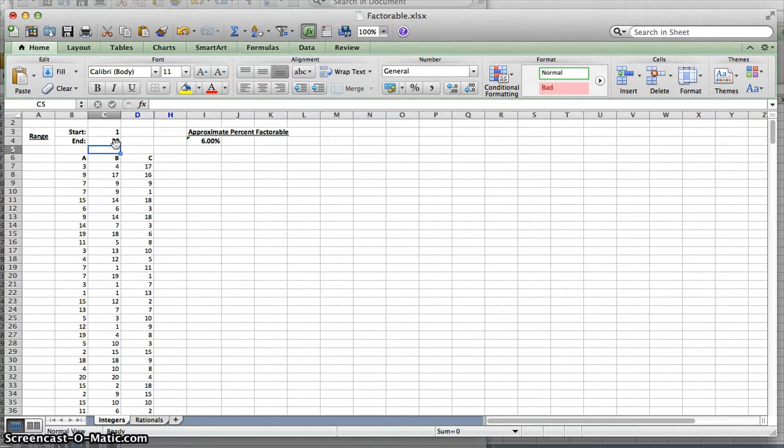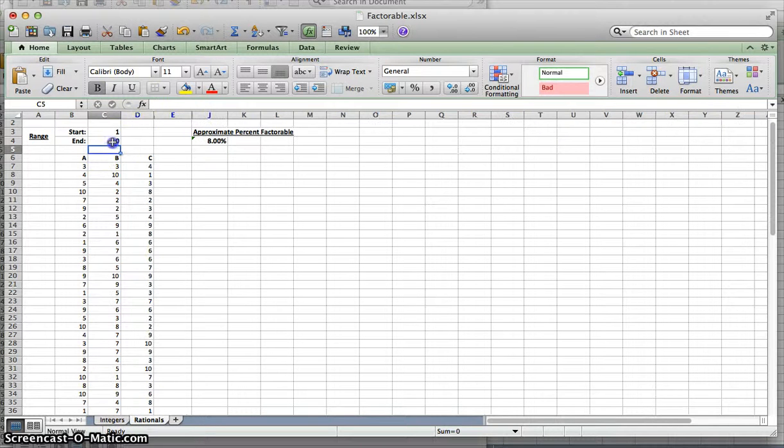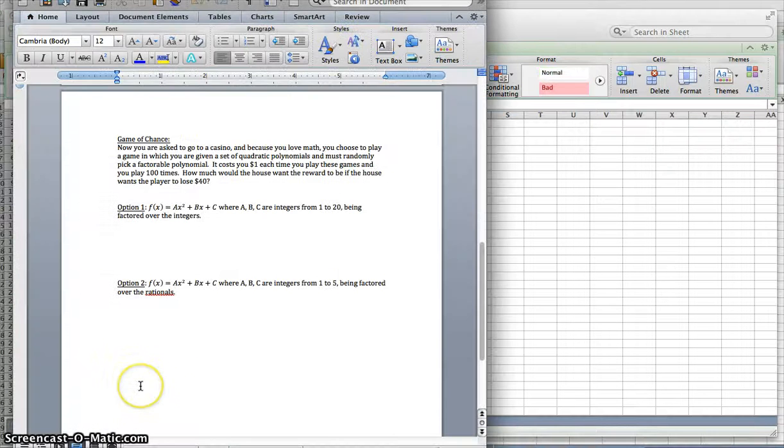And then once they zero in on a range or a number, they could figure out what the house would want the winnings to be. And the same thing for rationals from 1 to 5. They'll figure out the percent. Basically, that's our percent of success rate. So here we get 8%. So if they play 100 times, they'll win 8 times, and then they'll want to figure out what the winnings are.